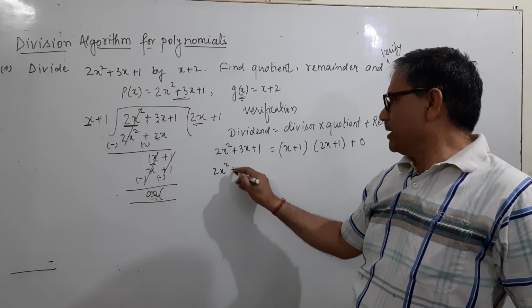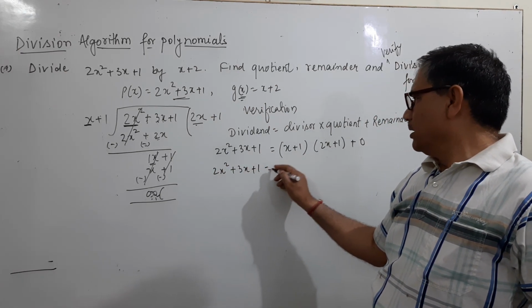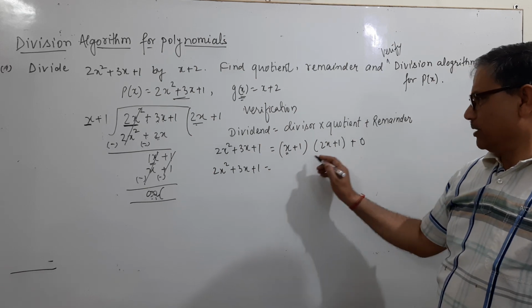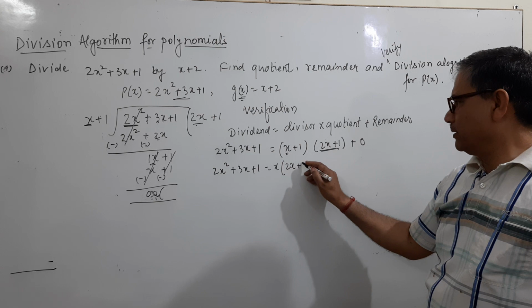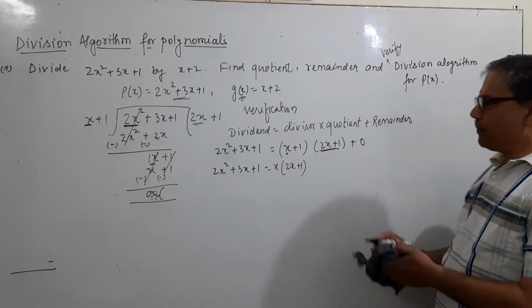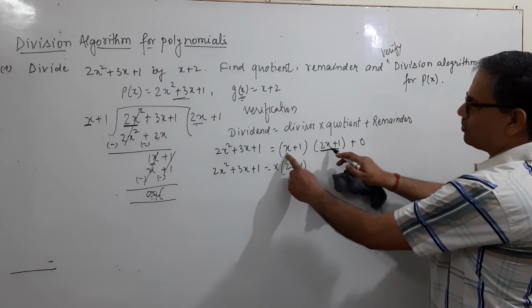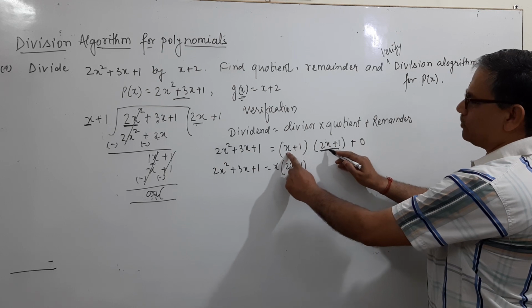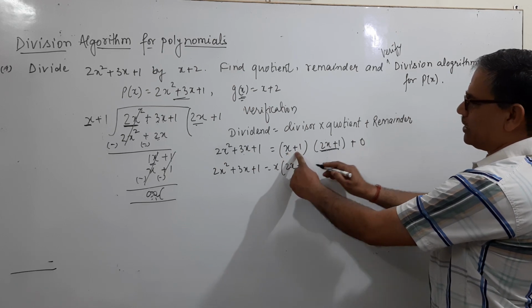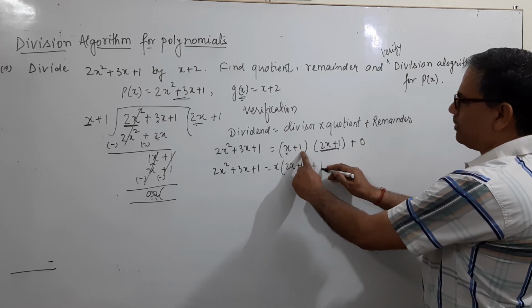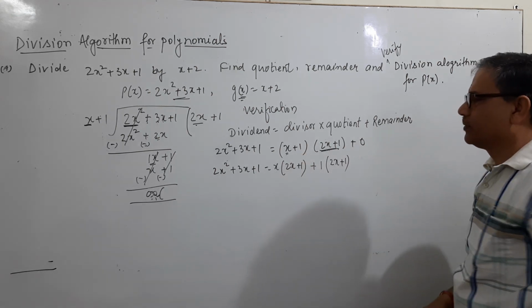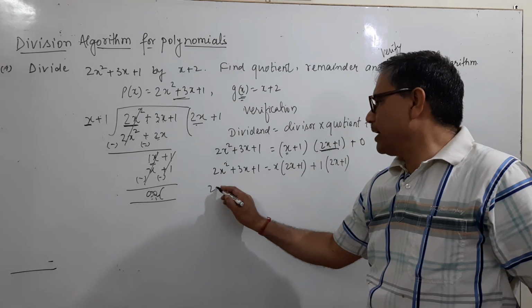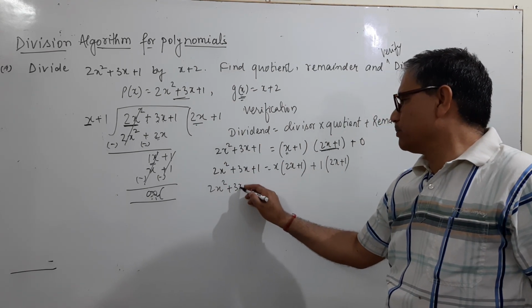2x square plus 3x plus 1 is equal to open bracket x plus 1, bracket 2x plus 1. x जो multiply होगा इन दोनों से होगा, plus 1 bracket 2x plus 1. Then x into 2x is 2x square, plus 1x, plus 2, plus 1.